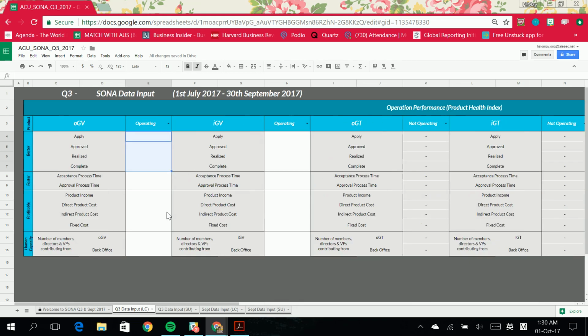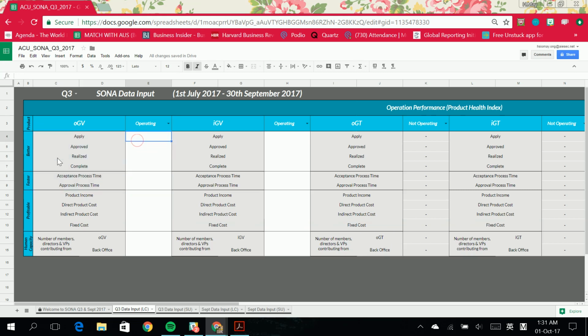Let me briefly let you know: from here, the better and faster, and also the number of members in oGV and back office can be filled in by your VP front office, which is your VP operations, the team that actually manages the value delivery, which is oGV, iGV, youth experience.